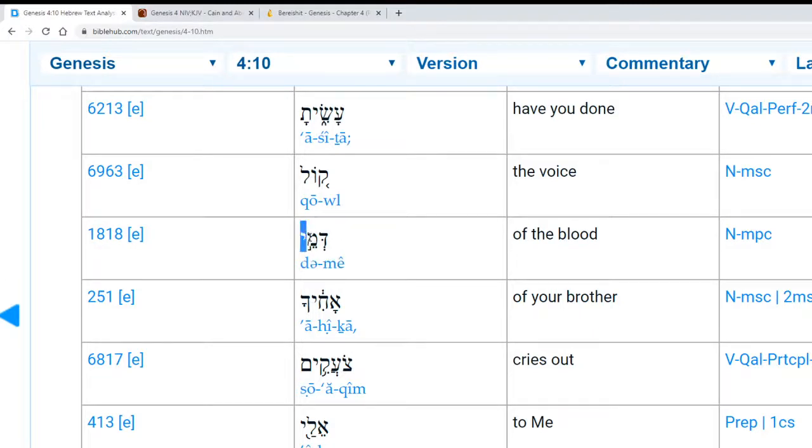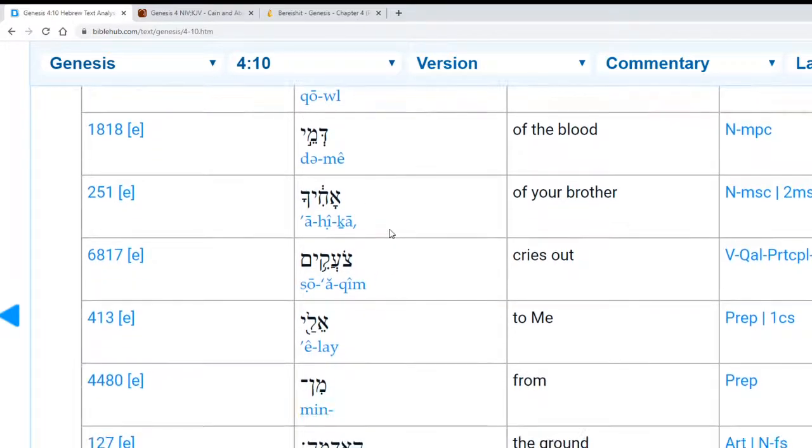Deme is the construct of the plural, so that's why it's with the yud, not another mem at the end. It would be damim if it wasn't in the construct. Achicha is your brother. So the voice, the sound of the blood of your brother, one construct.